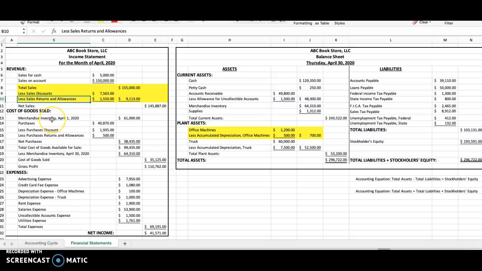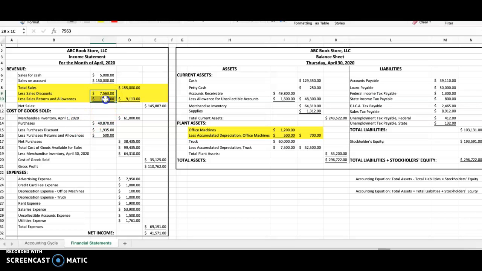Also, sales returns and allowances. This is a little more critical to the business because we don't want to get this number too high. This indicates the amount of money that customers return to us. They return merchandise, and we gave them money back, or we gave them credit, or an allowance. All of those add up to 1,550.